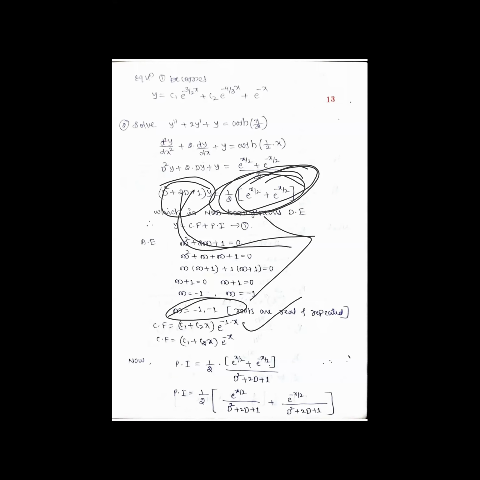Here there are two exponential functions, so 1 by 2 is a constant quantity, I keep it out. So e raised to x by 2 divided by f of d, plus e raised to minus x by 2 divided by f of d. I can write it like this. So here this divided by this plus this divided by this is written.